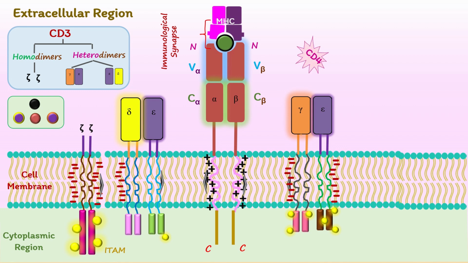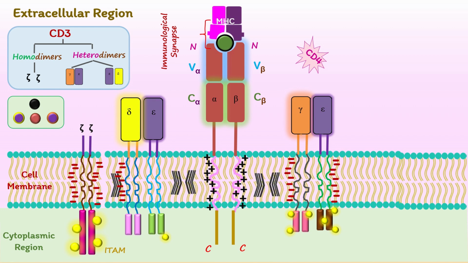There are some other components, which are the CD4 co-receptor and the CD8 co-receptor. The CD4 co-receptor is on helper T-cells, while the CD8 co-receptor is on cytotoxic T-cells, which has already been discussed. Let's understand the structures of CD4 and CD8 co-receptors.